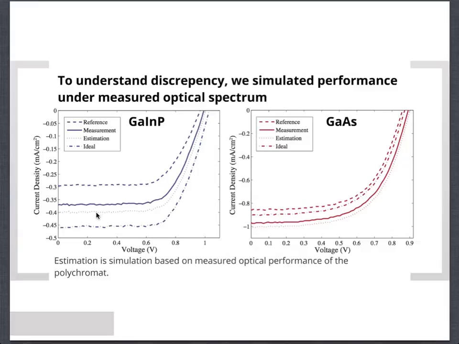So that's this estimation. As you can see, the estimation is quite close to the measurement. That means it's indeed the fabrication errors which are causing the performance of the solar cell to not be as high as expected from the simulation.